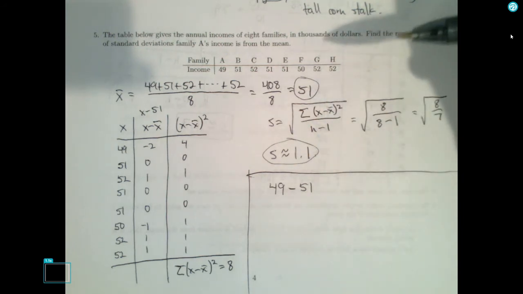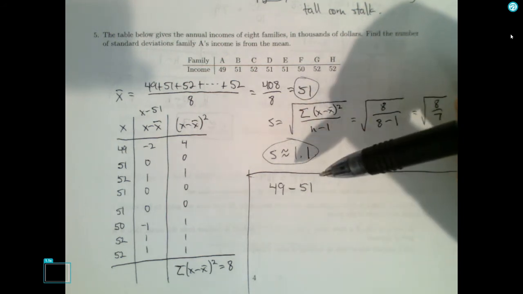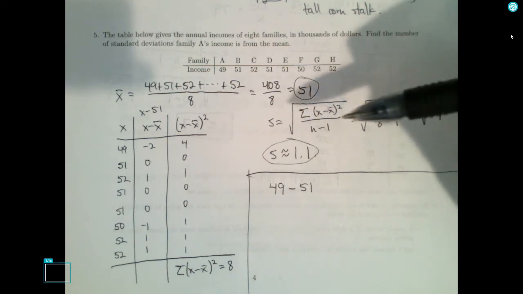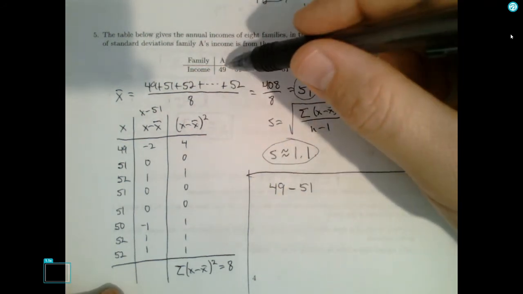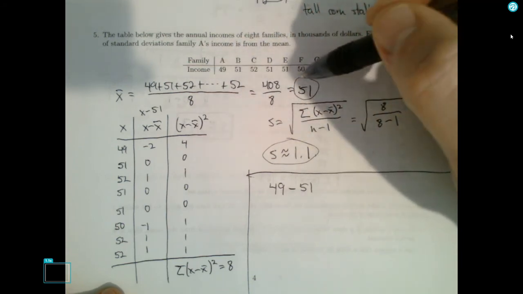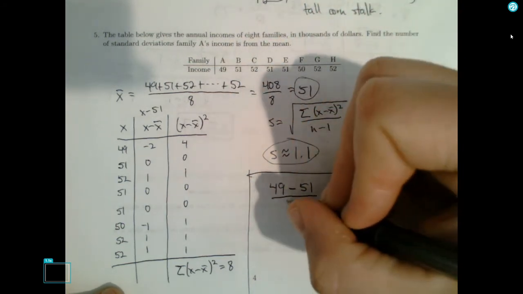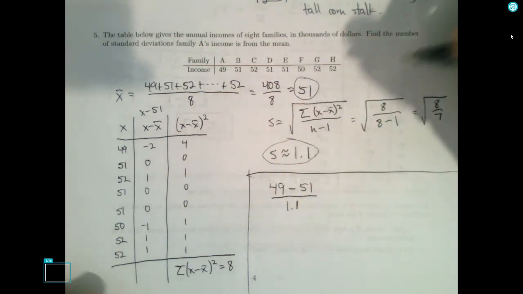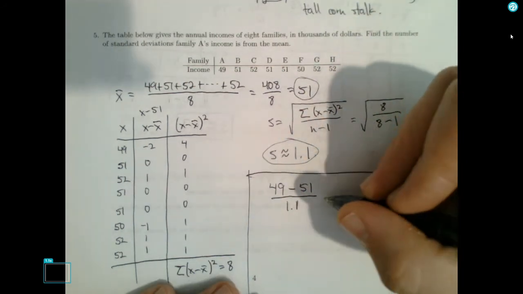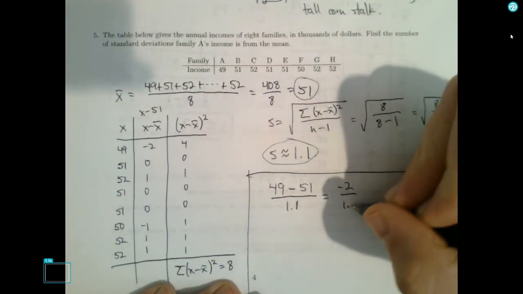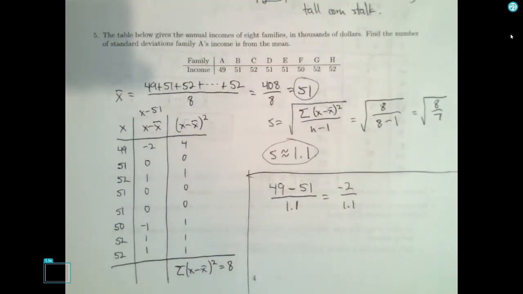And then if I want to know the number of standard deviations, then I need to compare it to the standard deviation. Basically, I need to take family A's income, subtract the mean from it, and then divide by the standard deviation. This will tell me how many standard deviations I am below the mean, right? So this would be negative 2 divided by 1.1. That comes out to about negative 1.8.